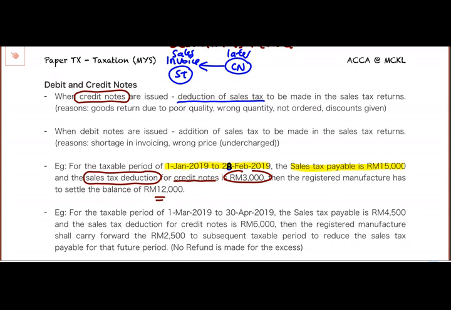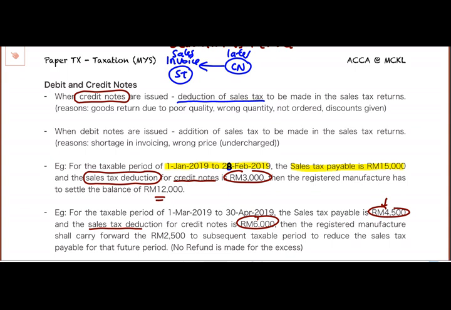Now, what if you have more deduction than the sales tax? So I give another example, which is the next one. Let's say for the next taxable period, March to April, the sales tax payable is 4,500, but the sales tax deduction for your credit note is 6,000. But the sales tax payable in that same taxable period is 4,500. Now, you might be thinking, oh, so the custom will return me 1,500, right? Because got extra, right?